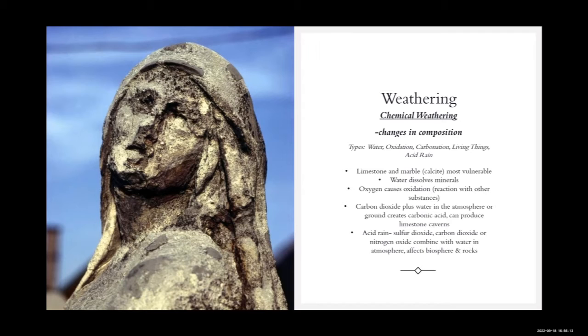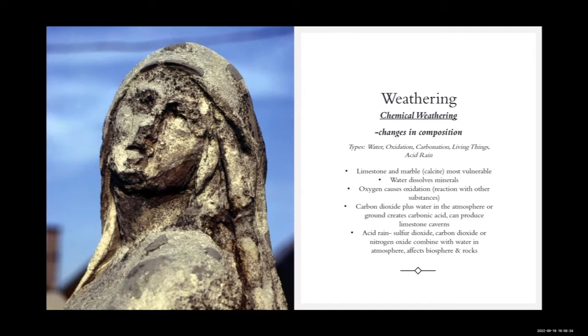Carbon dioxide plus water in the atmosphere or the ground creates carbonic acid, and this is what produces limestone caverns. So how this works is you have rain, acid rain in particular, which is our next thing here, which is sulfur dioxide, carbon dioxide, or nitrogen oxide combine with water in the atmosphere and affect the biosphere and the rocks.